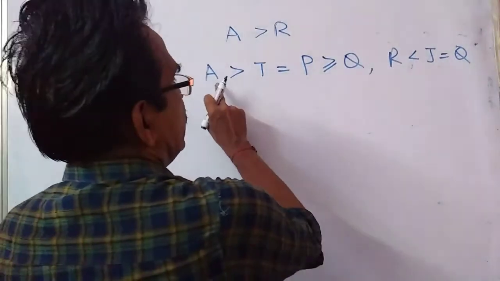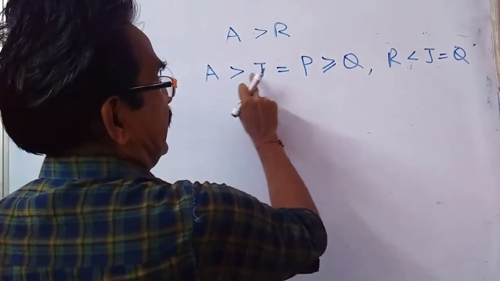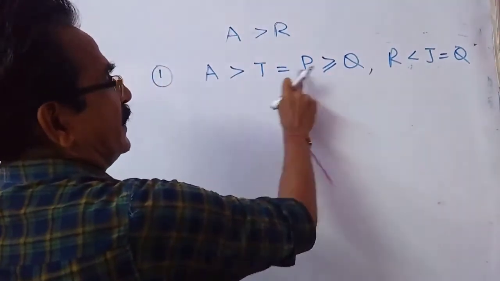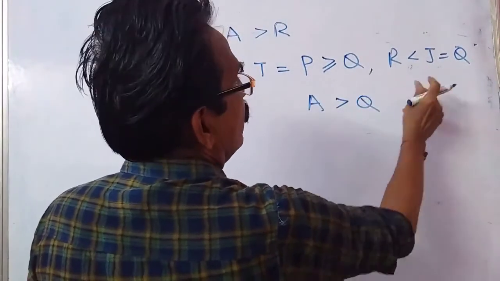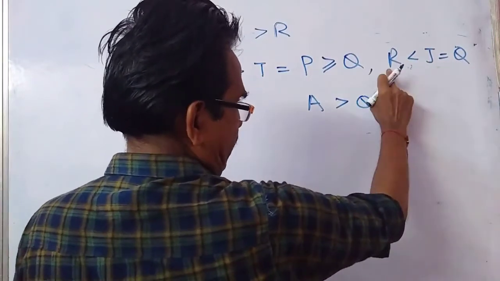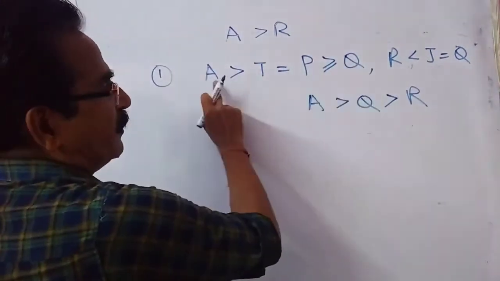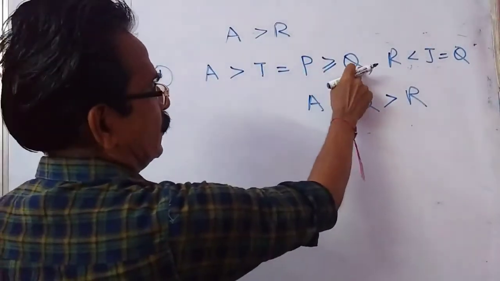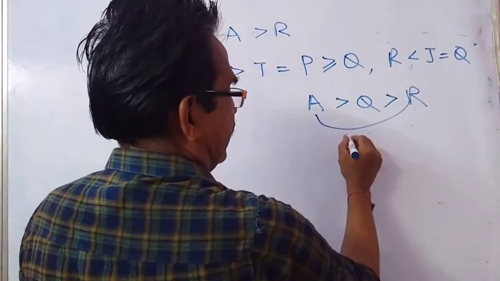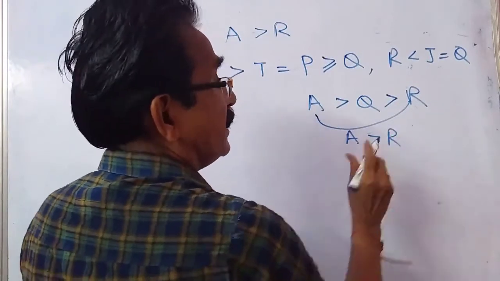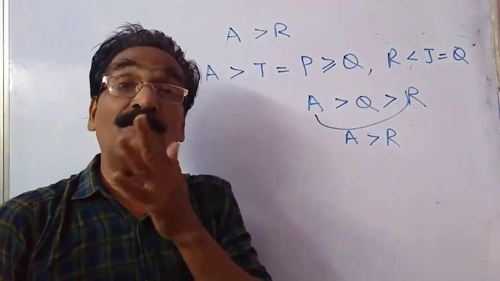Let us see. Here A greater than Q. From the first statement, A greater than Q. From the second statement, Q greater than R. So A greater than R. So in the first option, A greater than R follows.